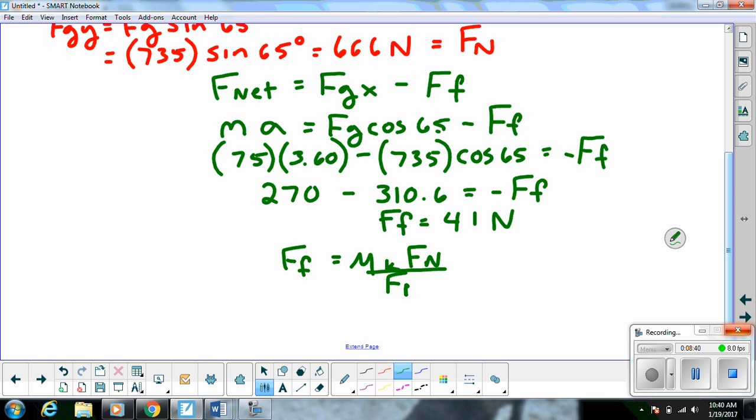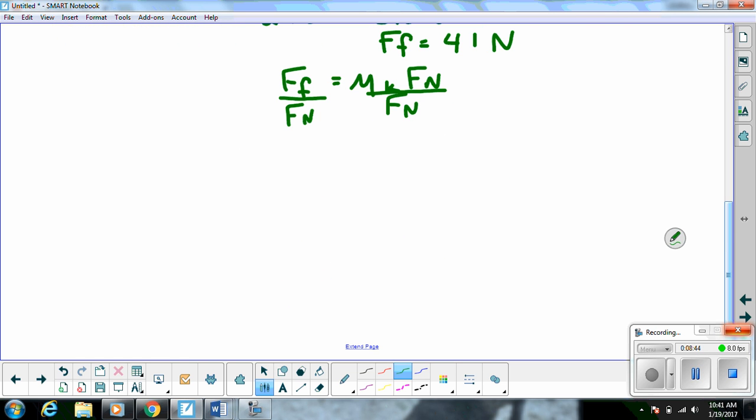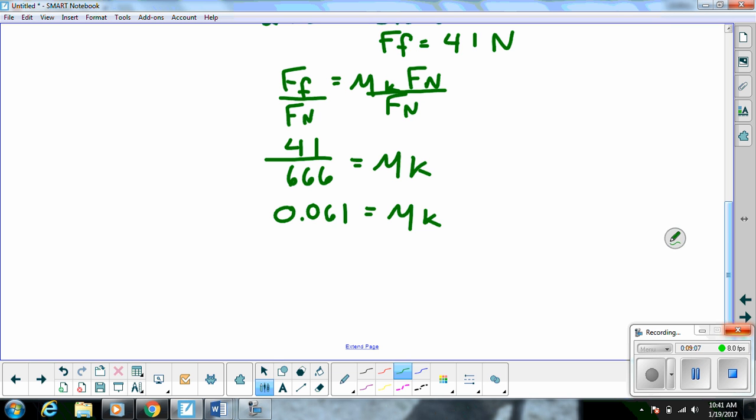Divide both sides to isolate the coefficient of friction. 41 divided by that normal force of 666. That doesn't mean that the normal force is evil. And I find that I'll get a coefficient of friction of 0.061, which means that the two surfaces don't render a lot of friction.